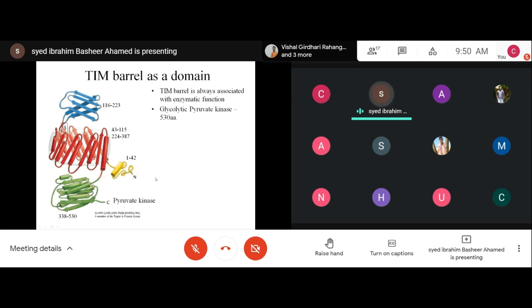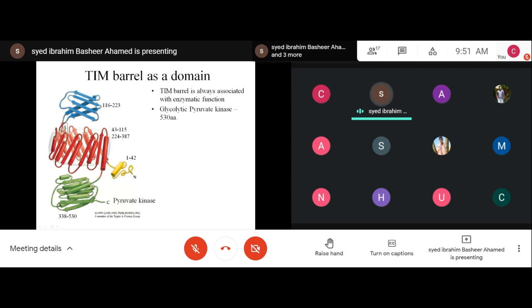For example, glycolytic pyruvate kinase, which has 530 residues. Here, 40 residues make an individual domain or loop region, and then residues 43 to 115 make one wall of the beta barrel.